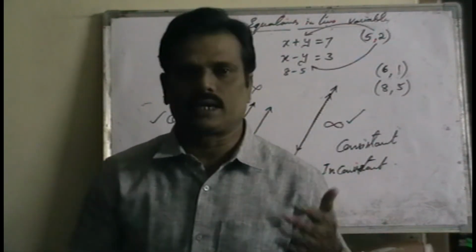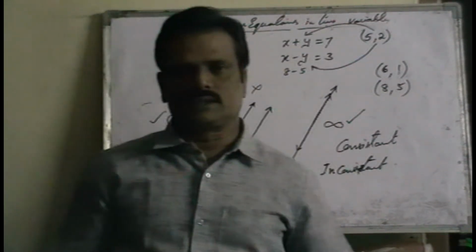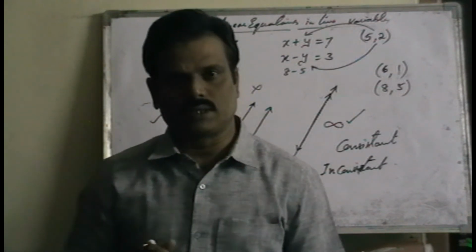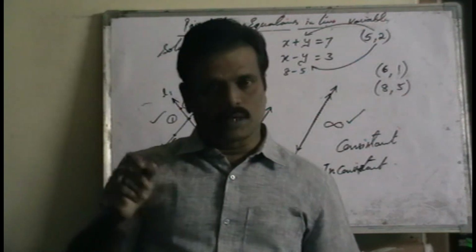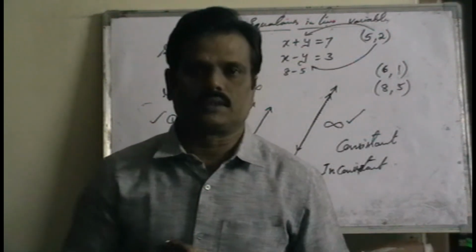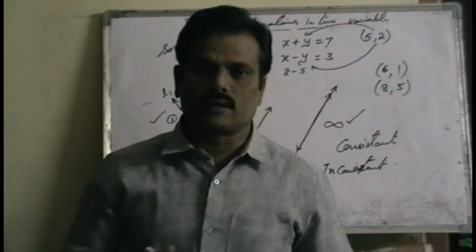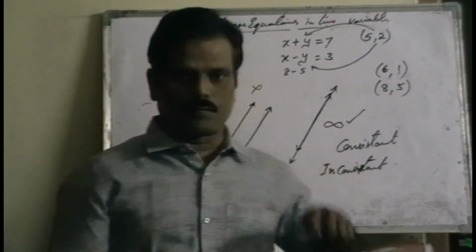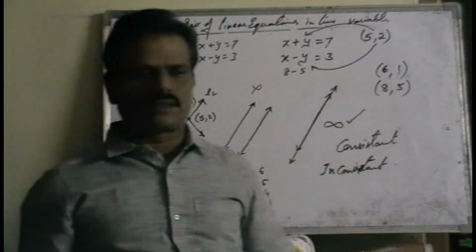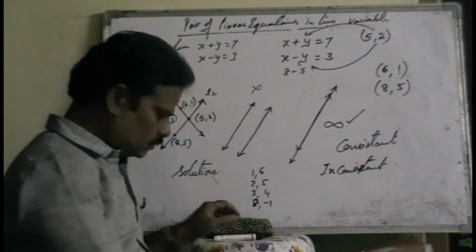There are different types of methods to solve linear equations: one is the elimination method, second is the substitution method, third is the cross multiplication method, fourth is the matrix Cramer's method, fifth is the matrix inversion method, and sixth is the graphical method. Through the graphical method also we can solve. There are so many methods, so we will discuss in the next class. Okay? Right. Thank you.